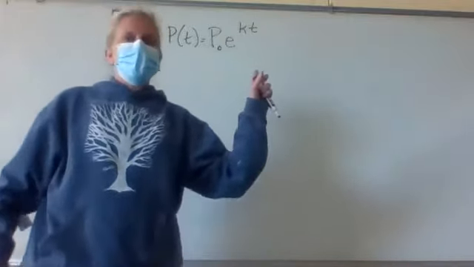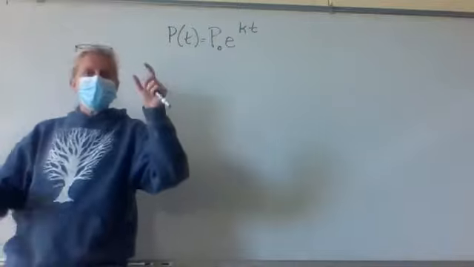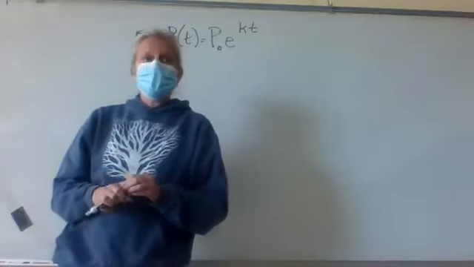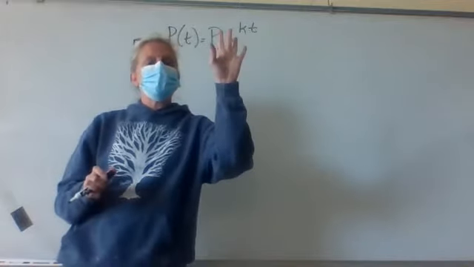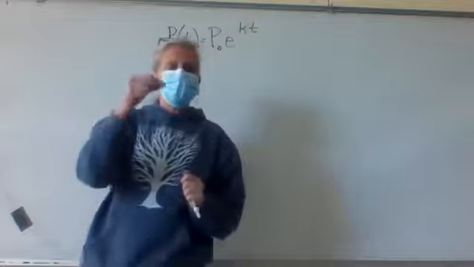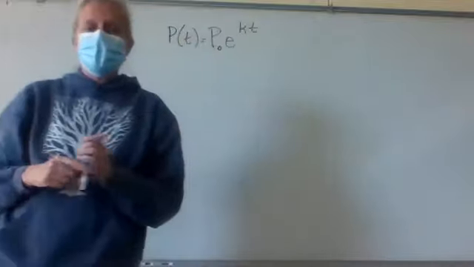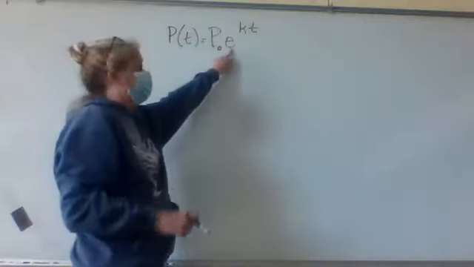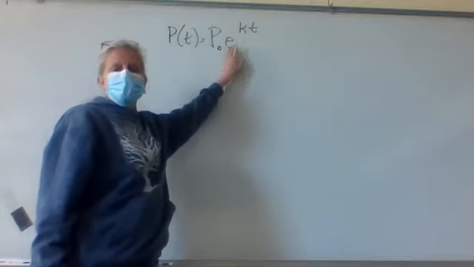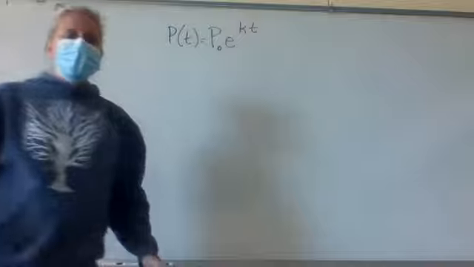It didn't have that E. It had the N's in it, that 1 plus K over N to the NT, but that's when it told you it was compounded either quarterly or biannually, and those are the numbers that you put in for the N. If your money is being compounded continuously, that's when you use this formula with the E in it.